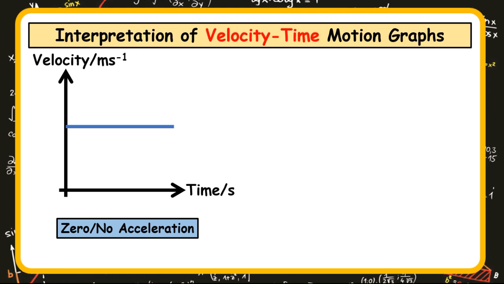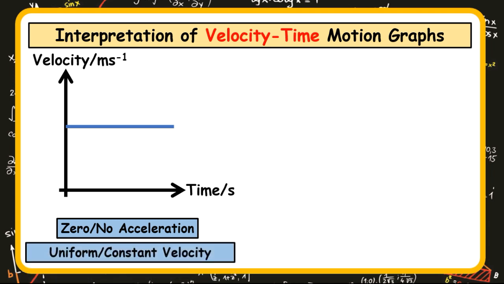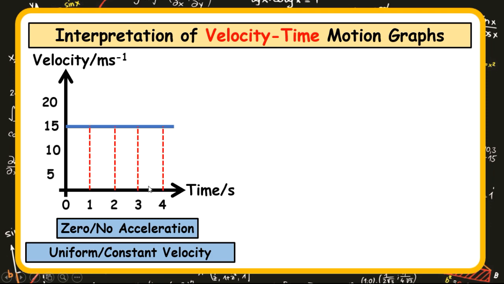It is acceleration because it is a plot of velocity over time. Or you can also say uniform or constant velocity. That is, even though the time increases, the velocity remains constant and the same throughout. That's why it has this second name.